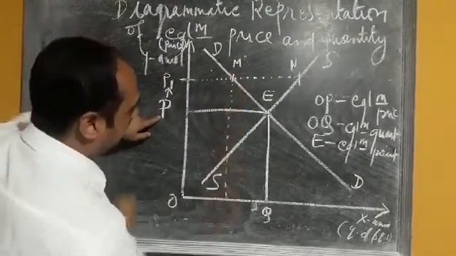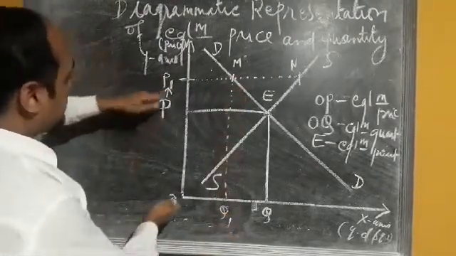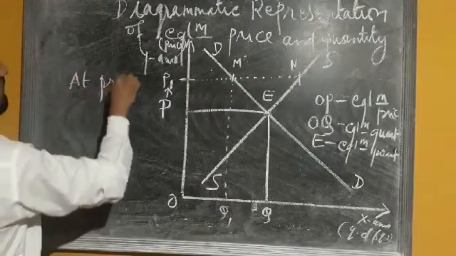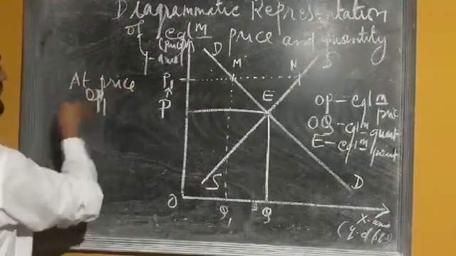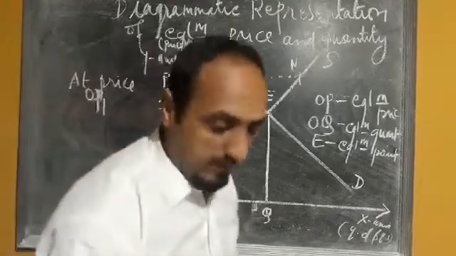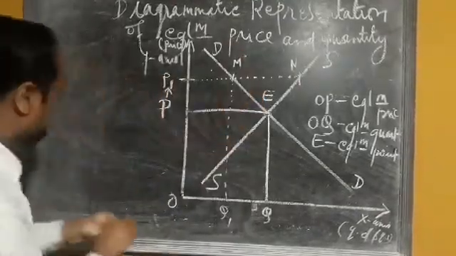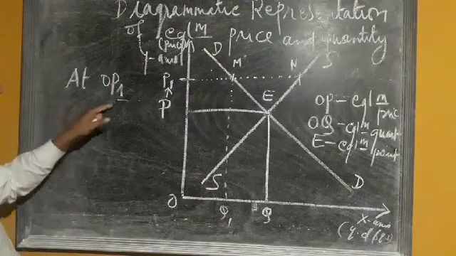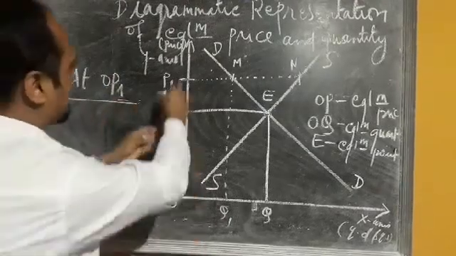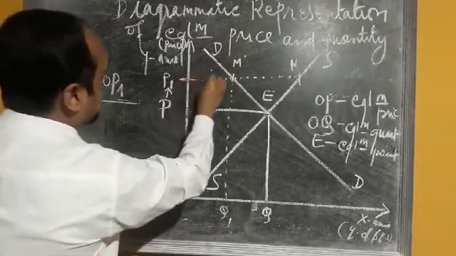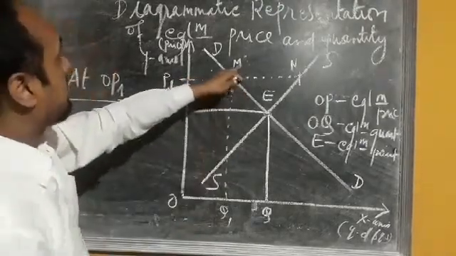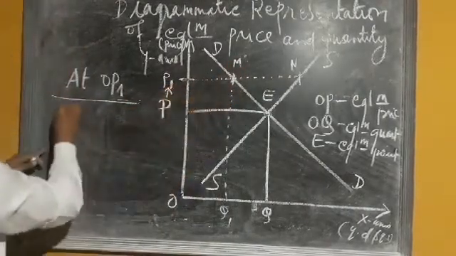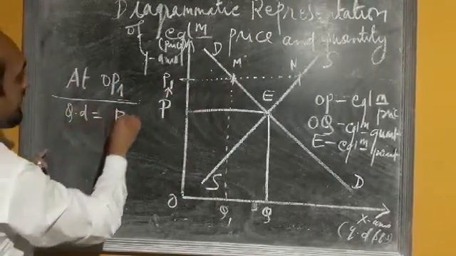If you draw a line from here, let's give this one the name OQ1. Demand at price OP1 is determined because this price line intersects the demand curve at point M. So the quantity demanded QD is equal to P1M.